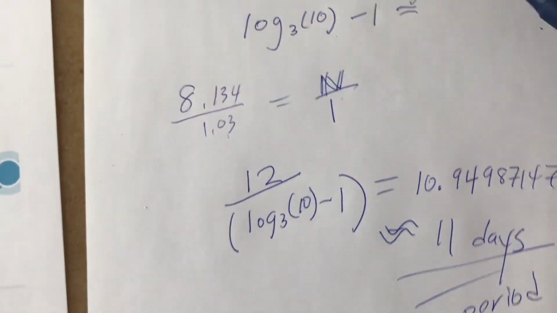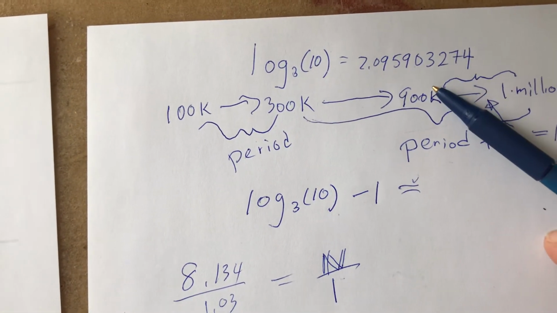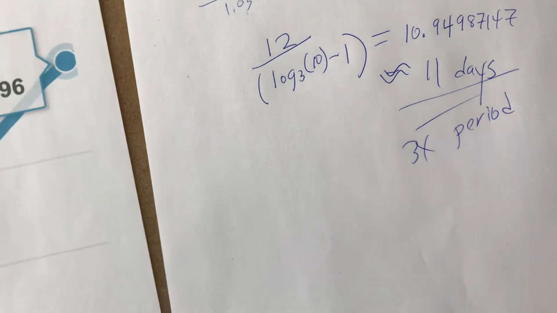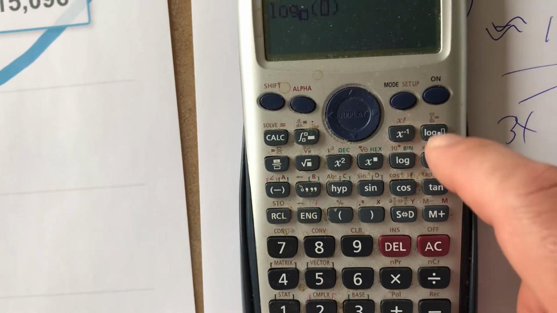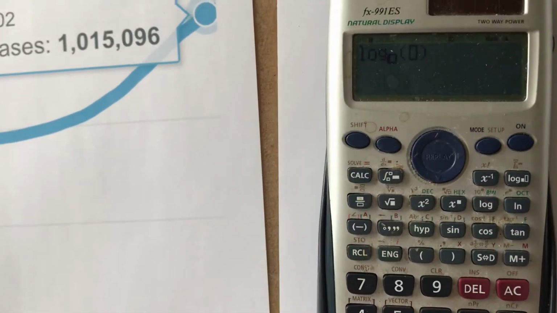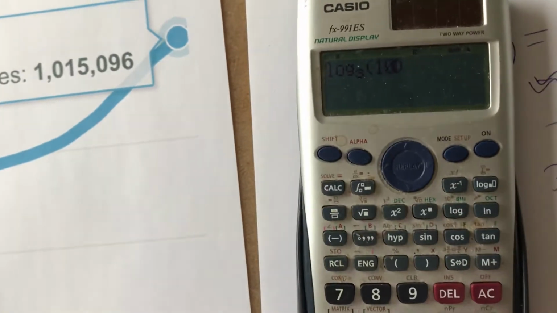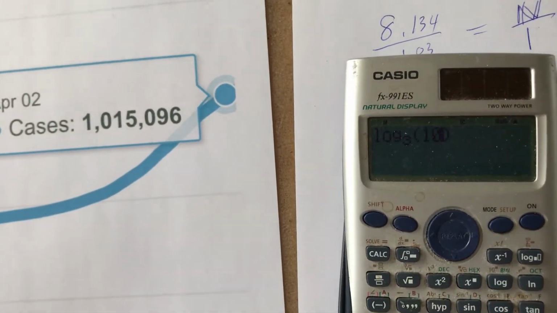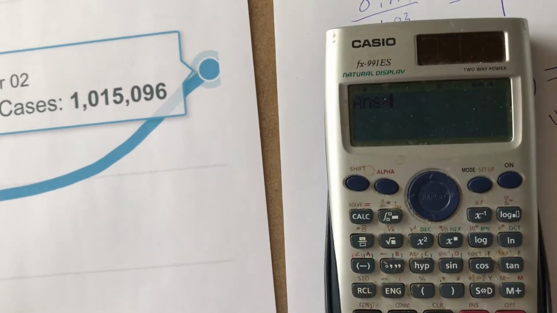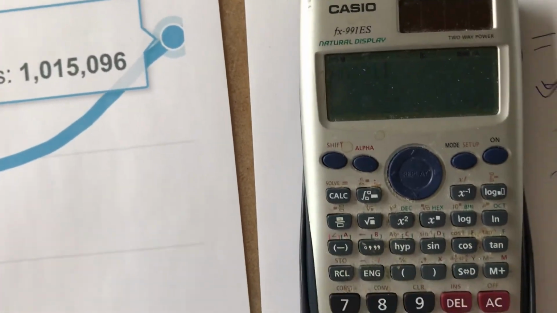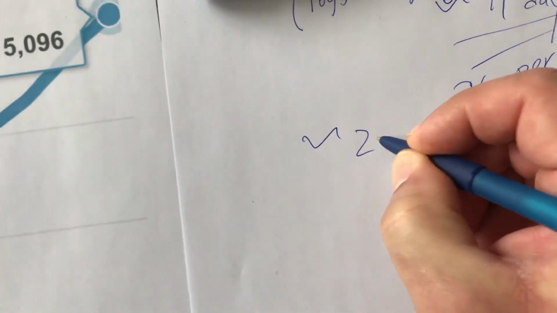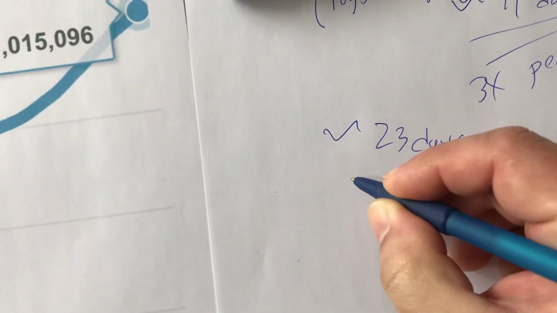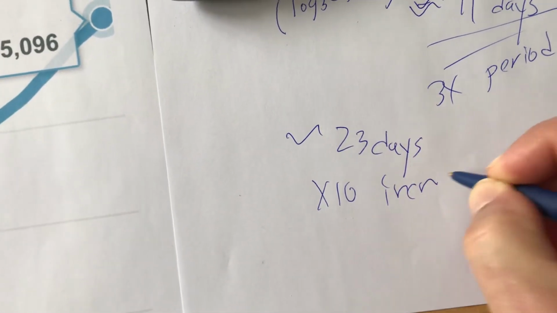So now we want to multiply by this number to get the tenfold period. So let's see if we can get that to work. Okay, so log base 3 of 10 equals that, times 11. Sorry. So we have about 23 days per tenfold increase.